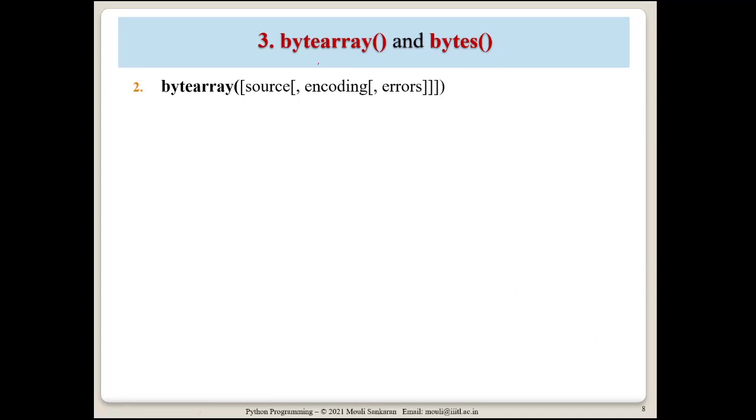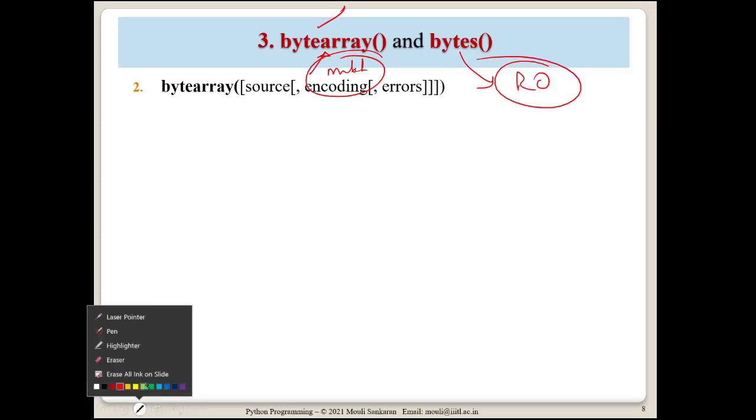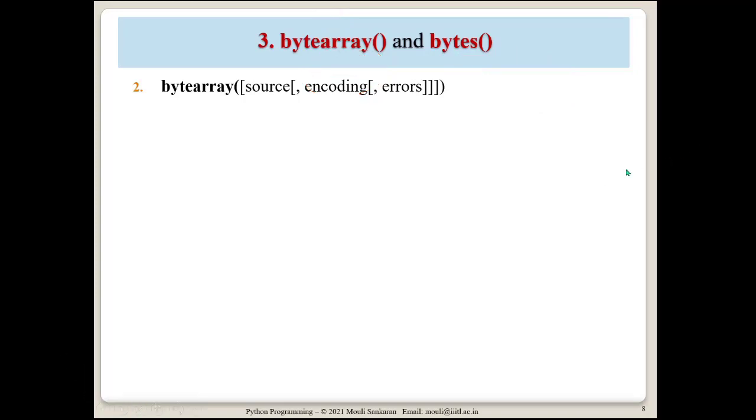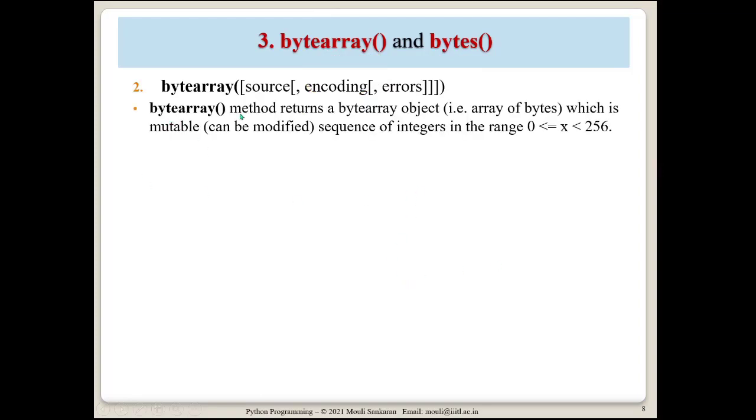When I say manipulation, you need to have a mutable array that is coming out so that you can manipulate it. Here you are getting the byte array, but you cannot manipulate it. It's read only. So we have both versions of that image of how the object is looking. Now the bytearray method returns a byte array object, like how zip was returning a zip object.